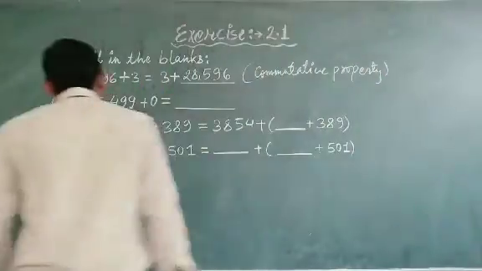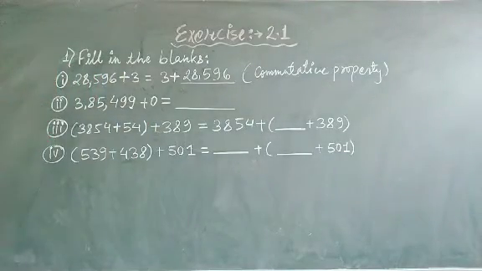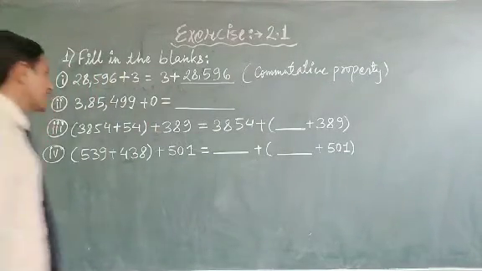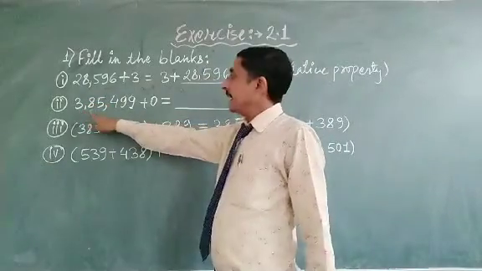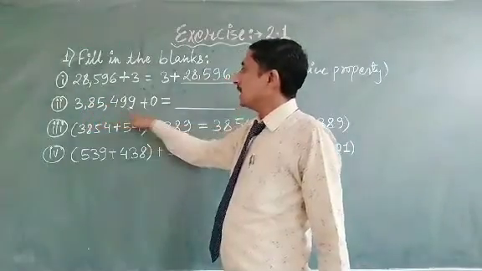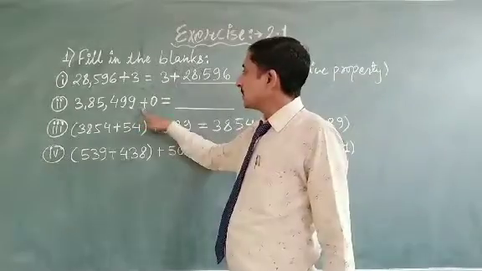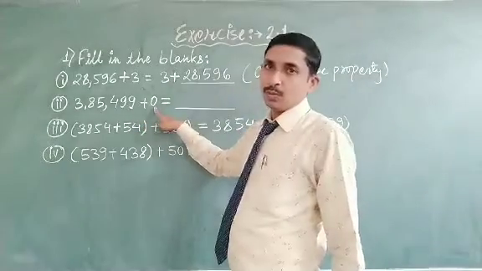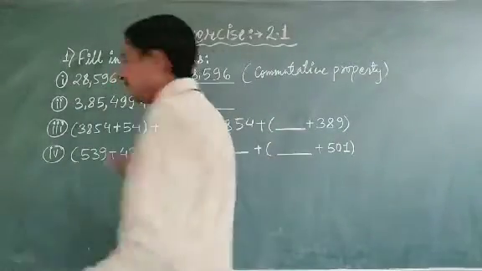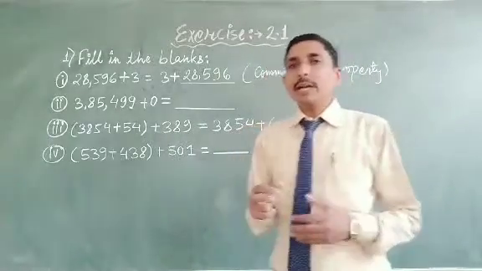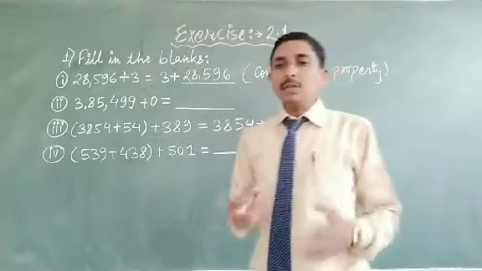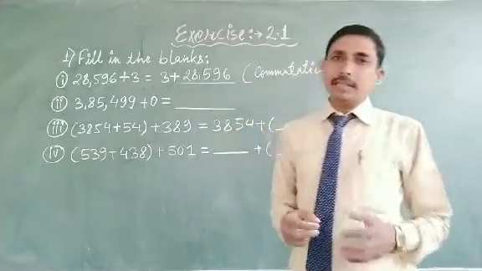Okay, now we come to question number 2. In question number 2, you see 3,85,499 plus 0. When we add any number to 0, we get the number itself. It is called additive identity.